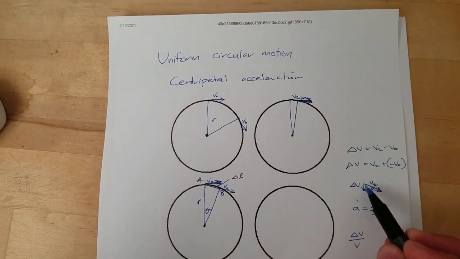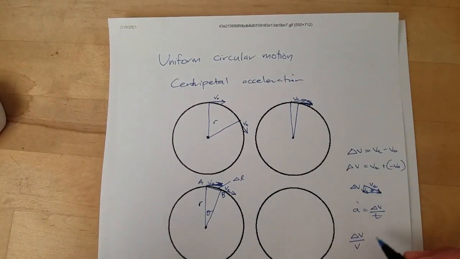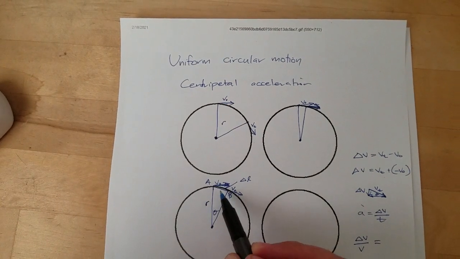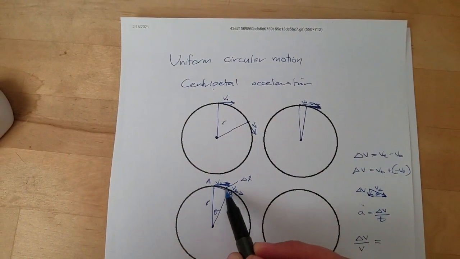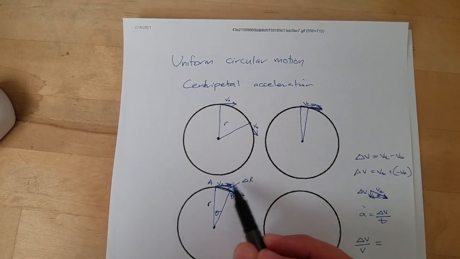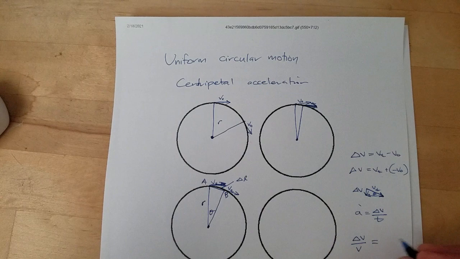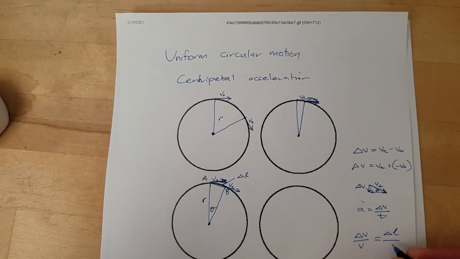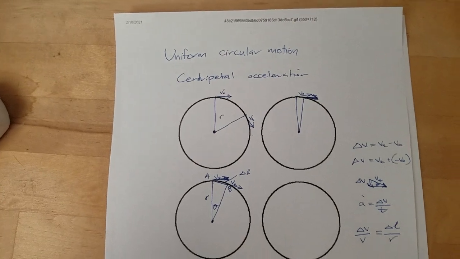So the change in velocity, which is this length, divided by this length, is going to be the same as this distance here, which we're approximating with delta L, divided by R, which is delta L on R.